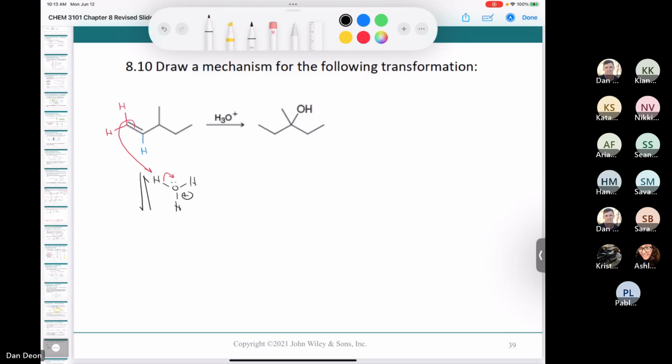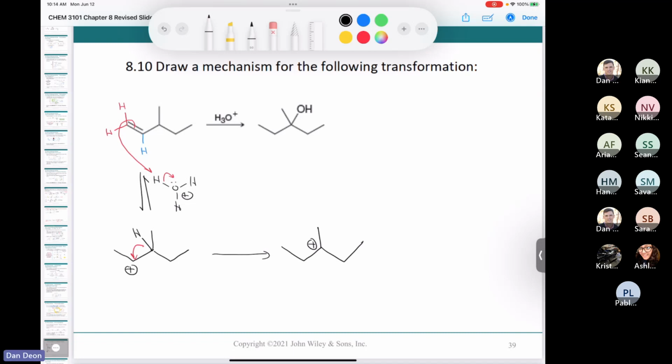There we go, we fixed that. So now we're going to end up with this. So we end up with a secondary carbocation. And we know that that can undergo a hydride shift from this proton over here to give us a beautiful tertiary carbocation. All right, give me a thumbs up if you're with me on that part of the mechanism thus far.